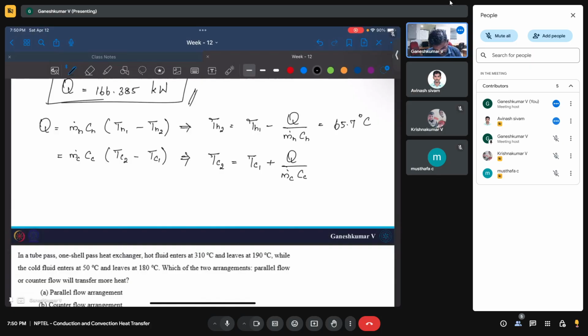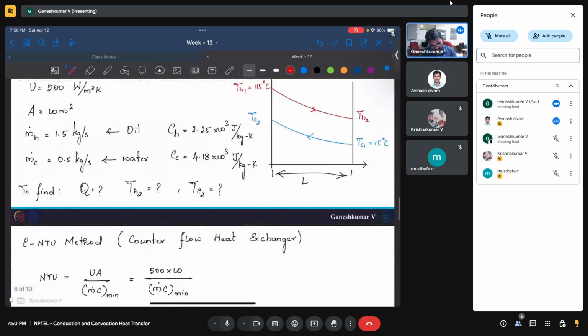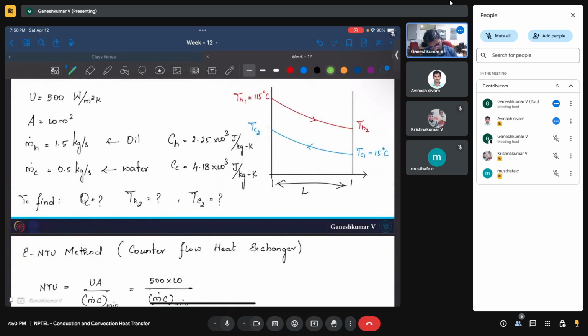And similarly here, it's 166.385 divided by 2.09, which is 79.6, plus 15. This is coming out to be 94.6 degrees Celsius. So these are your answers, 65.7 and 94.6.